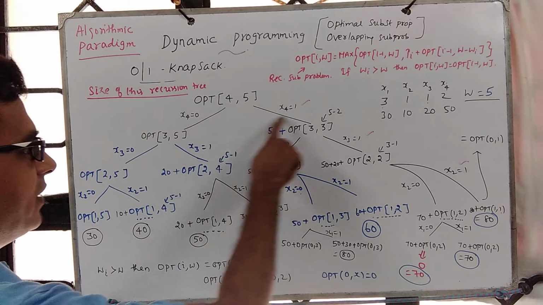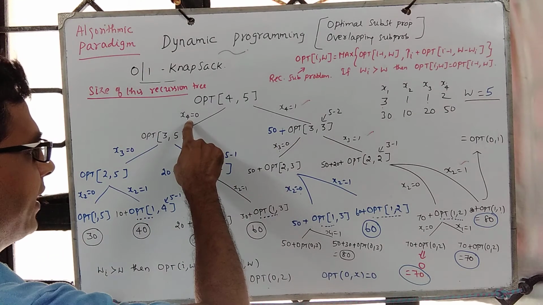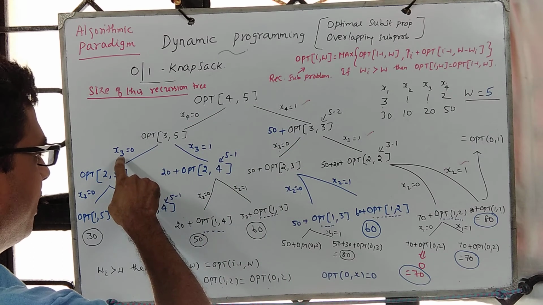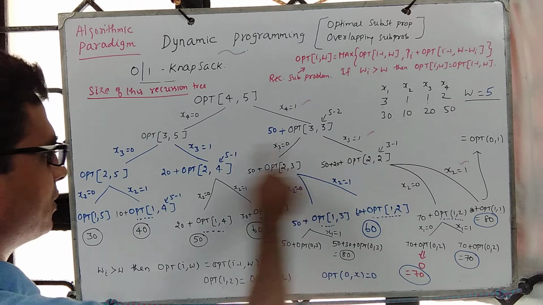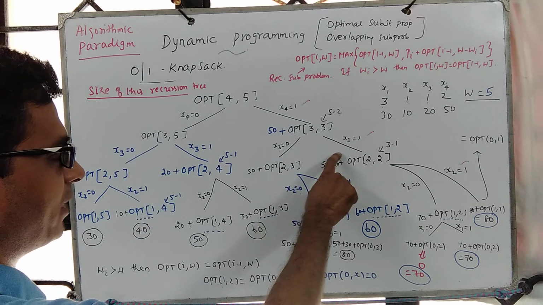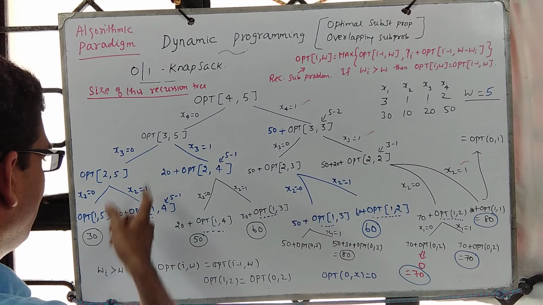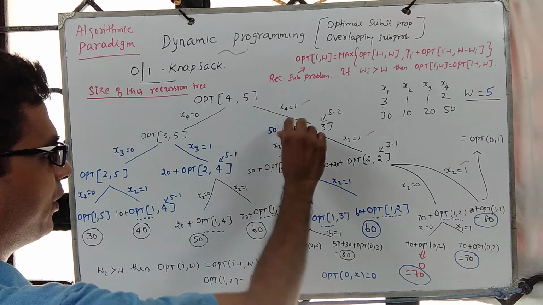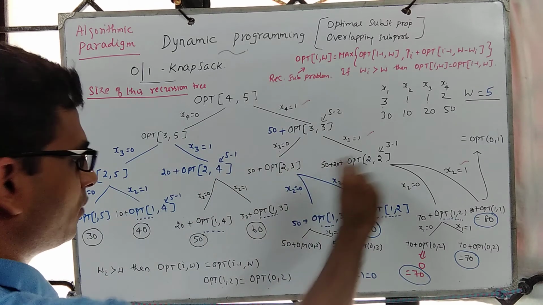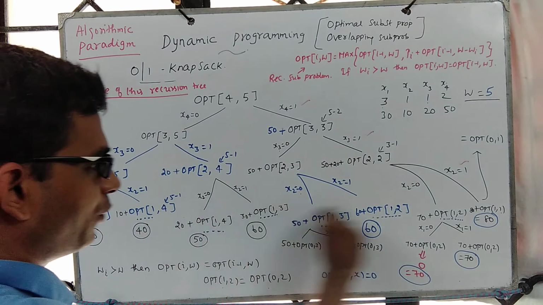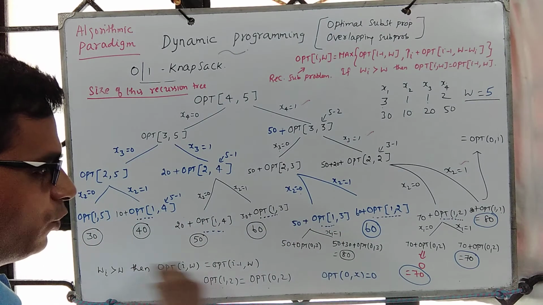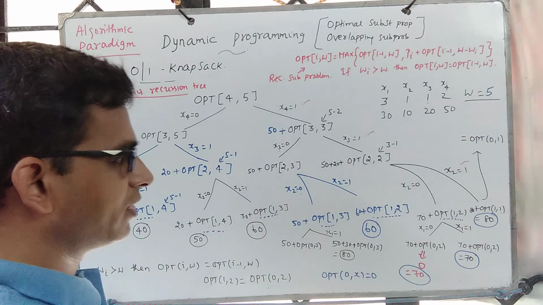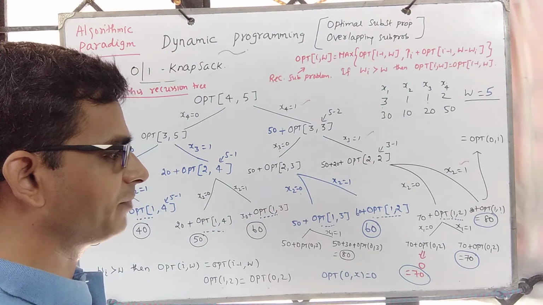So at this level we say you exclude, include. Next level you come, you say exclude, include, exclude, exclude. So you look at all possible values for x3. Further down you look at this. So something like 2 subproblems, 2 square or 4 subproblems, then 2 cube or 8 subproblems, then 2 power 4 or 16 subproblems. So like that the problem size is growing.